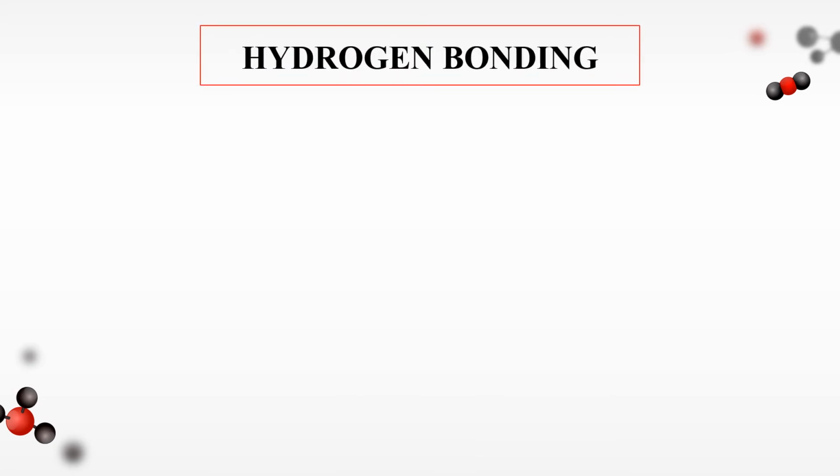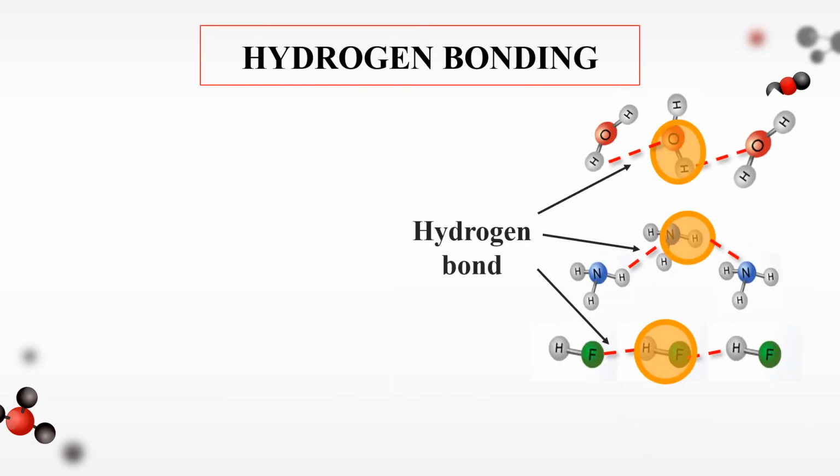Okay, the last one is hydrogen bonding. Hydrogen bonding is a special intermolecular force. As you can see, examples of hydrogen bonding here are in the water molecule, the ammonia molecule, and the HF molecule.